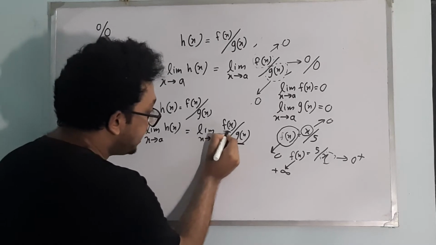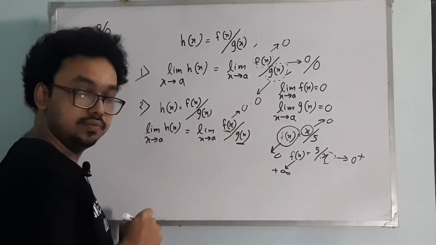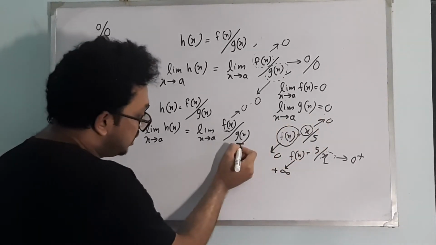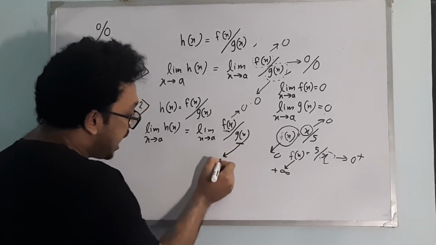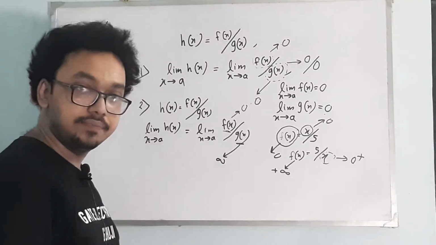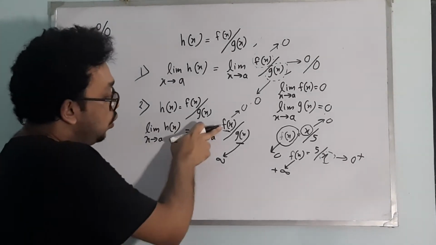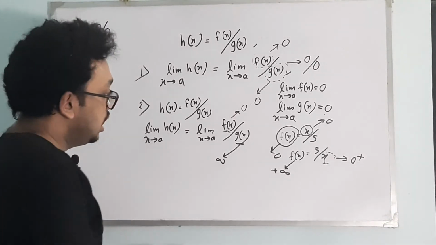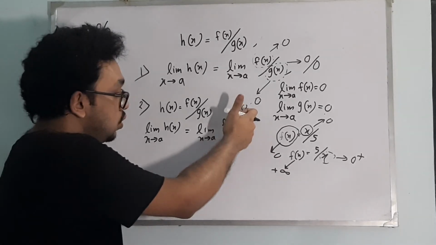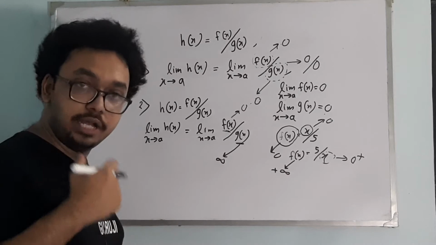So the numerator f(x) in this case is trying to take the whole function towards 0. The denominator g(x), when it is tending towards 0, is trying to take the whole function f(x) by g(x) towards infinity. So the question is which one will dominate? If the numerator f(x) goes to 0 at a greater rate as compared to the denominator, then the numerator will predominate.